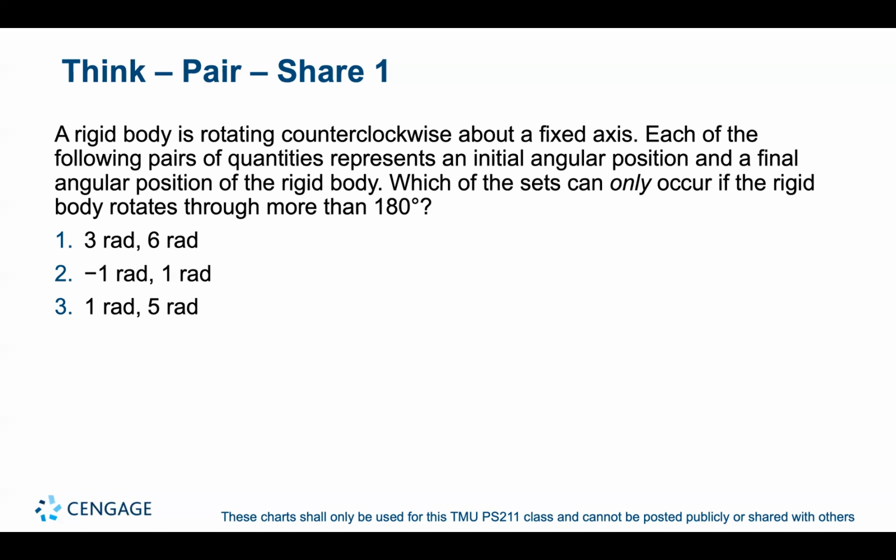For a rotation of more than 180 degrees, angular displacement must be larger than pi, which is 3.14 radians. The angular displacements in the three choices are: for A, it's 6 minus 3 radians, which gives 3 radians. For B, it's 1 radian minus -1 radian, which is 2 radians. And for C, it's 5 minus 1 radians, which is 4 radians.